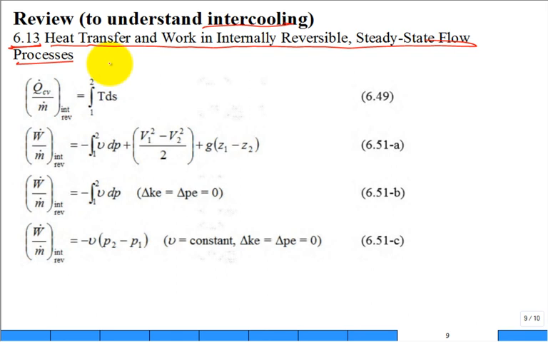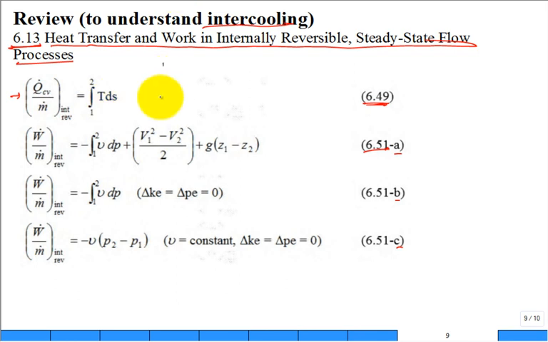And so anyway, here are some equations, 6.49, 6.51 versions A, B, and C. Now, this equation isn't the key equation for us right now in the study, but it helps set the context. Does this integral TdS look familiar? Yeah, right?